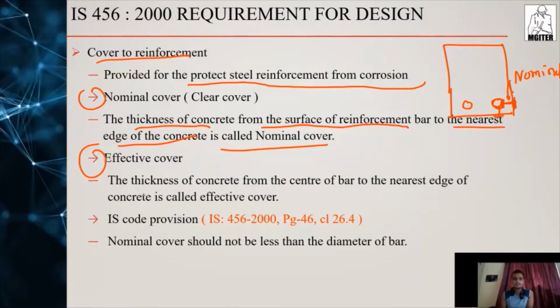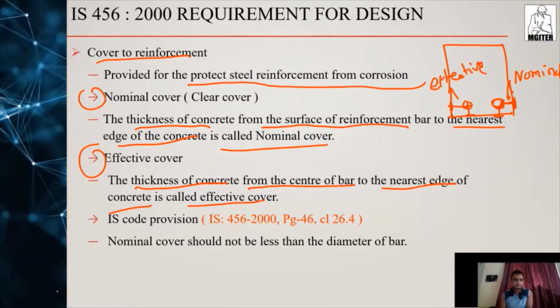Now what is the effective cover? The thickness of concrete from the center of bar to the nearest edge of concrete is called effective cover. So here is a bar, we have the center of the bar, and from the nearer edge of concrete, we call this effective cover.